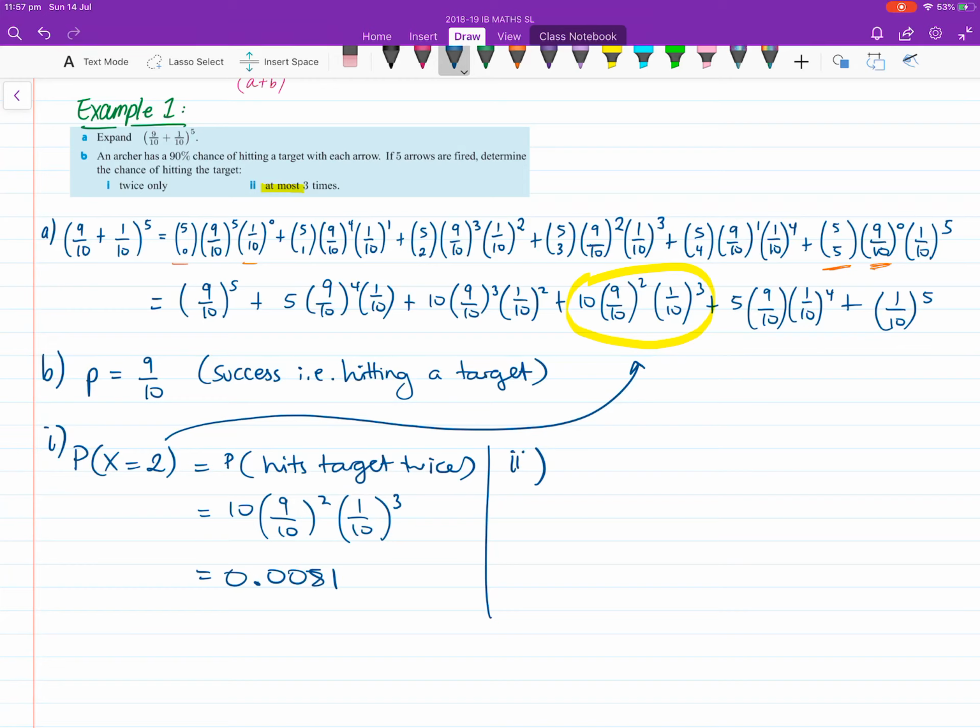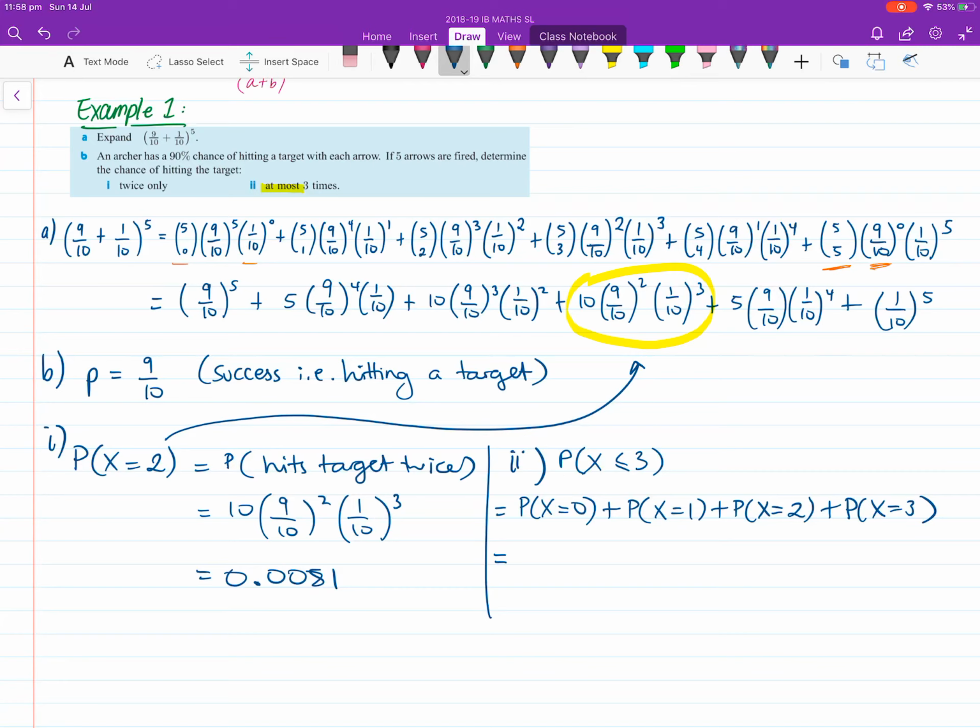It says at most 3. So the probability means we want X, the random variable, to be less than or equal to 3. Does that make sense? So it's going to be P of X equals 0 plus P of X equals 1 plus P of X equals 2 plus P of X equals 3.